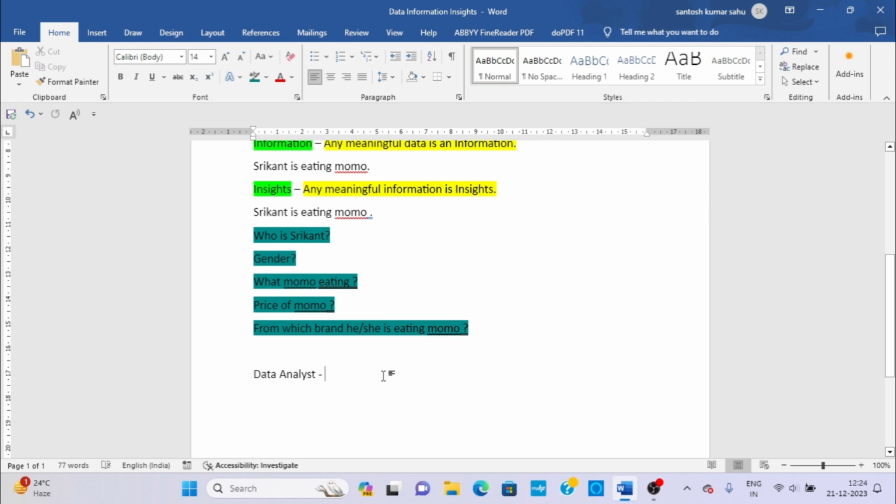A data analyst is a person who collects the data, makes it into meaningful information, and then identifies the insights.